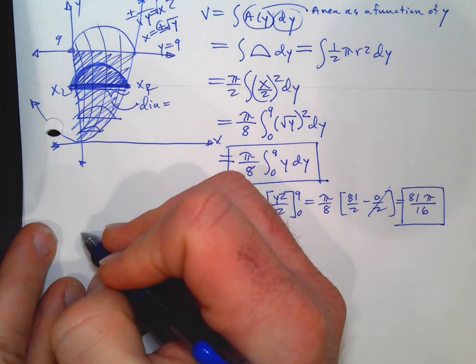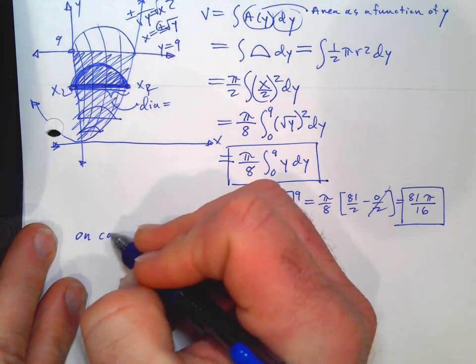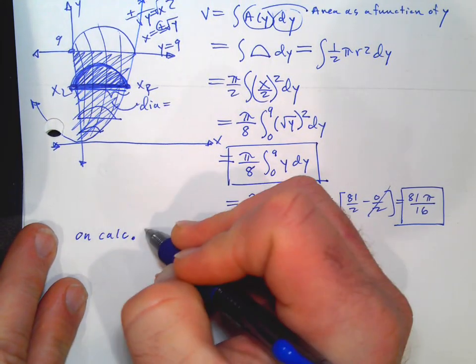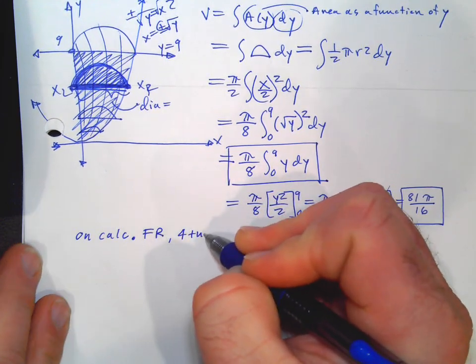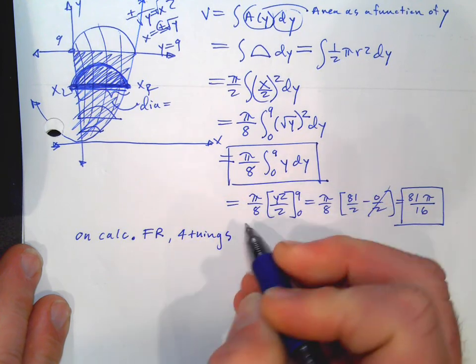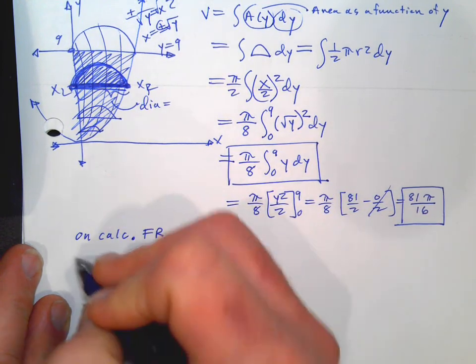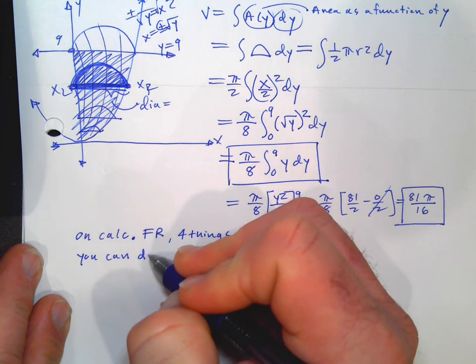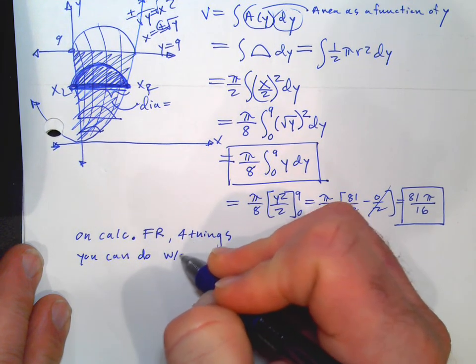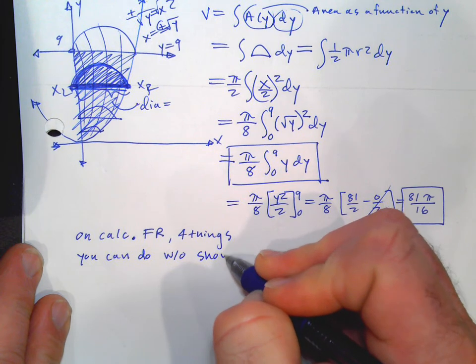Now, just some other notes to add to this front page, about what you need to be able to do on your graphing calculator. On a graphing calculator, for your response, there are 4 things. There's going to be 2 questions, but there's 4 things you really need to know how to do that you can do without showing calculus work by hand.